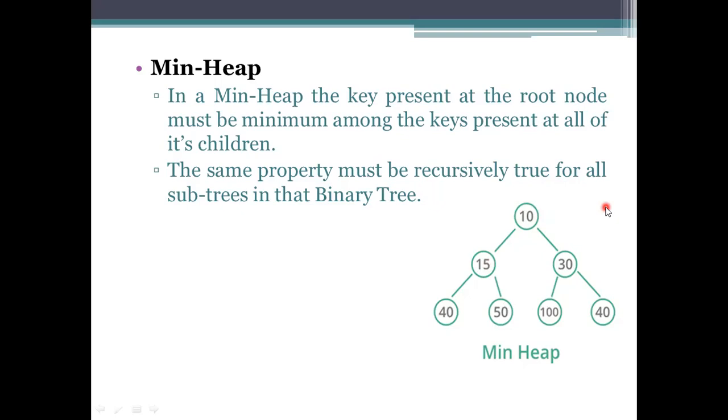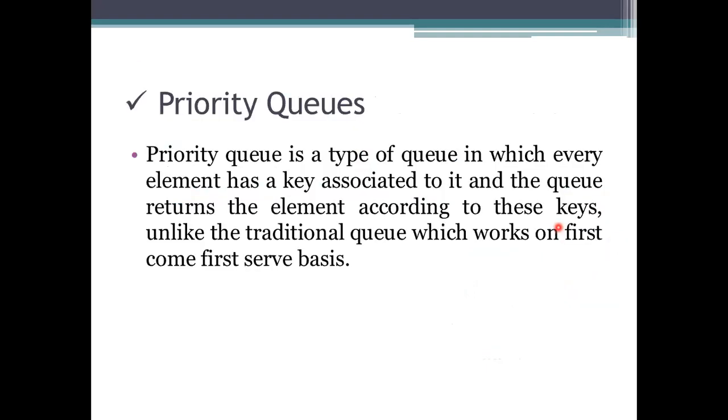When we are inserting the elements, it compares whether it is a minimum or not. If it is minimum, then it will become the root node. If it is maximum, it has to be placed as a child of that node. Okay, that is the min heap representation.